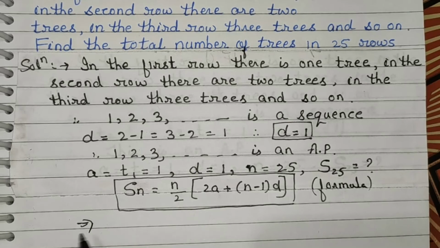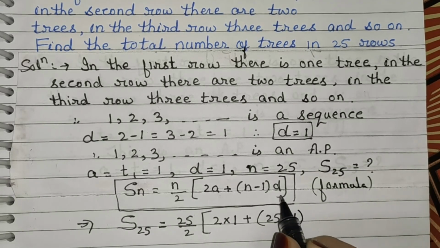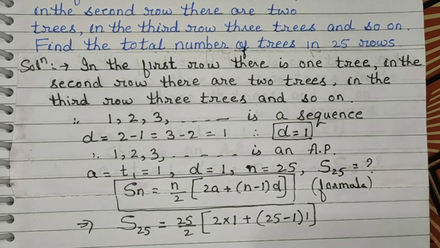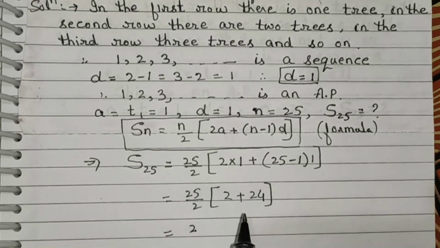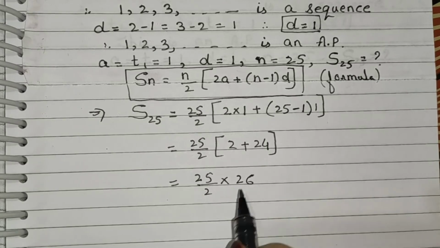Now substituting all the values, we get S25 is equal to 25 upon 2, 2 into a1 plus n minus 1, 25 minus 1 into d. Now the value of d is 1. Solve it. We get 25 upon 2, 2 plus 24, which is equal to 25 upon 2 into 26.